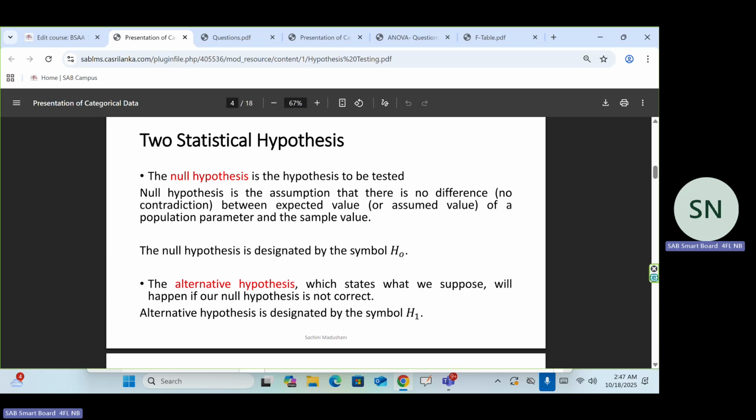Now suppose we say the average mark is less than 50. What is the null?